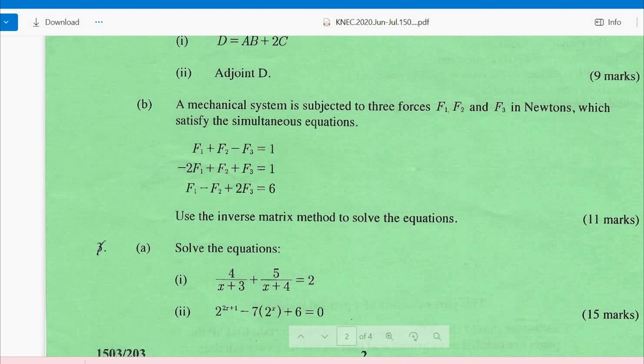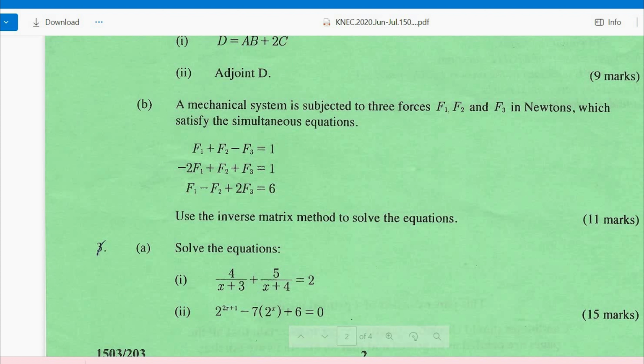Remember, we had learned how to get the inverse of a matrix. And that is what we are going to be using today to solve linear simultaneous equations of three unknowns. Now we have this question here.